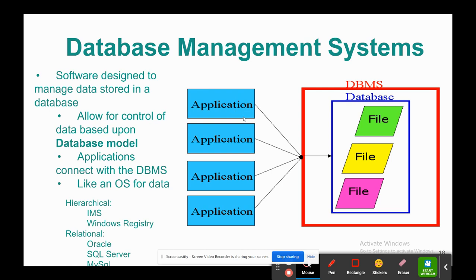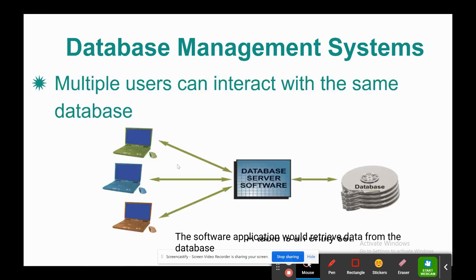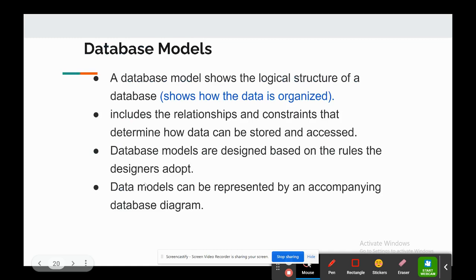So what would happen is the application would go off and it would retrieve or add or update the database. When you have a database management system, multiple users can interact with the same database. So it's not restricted to only one user.